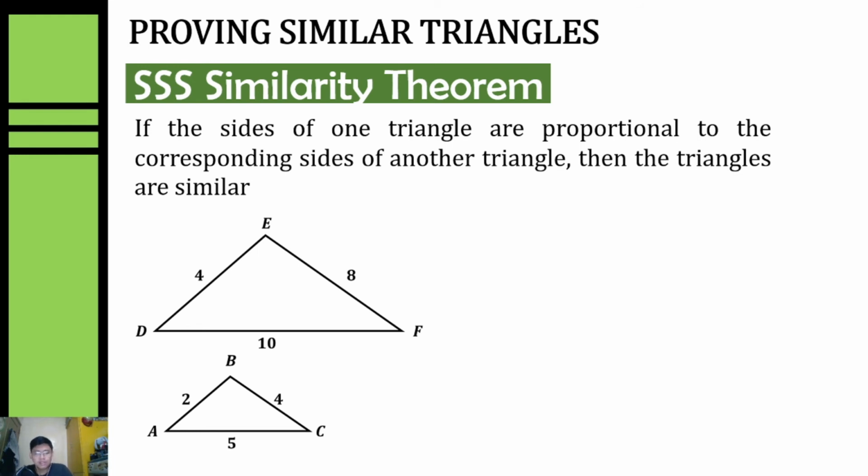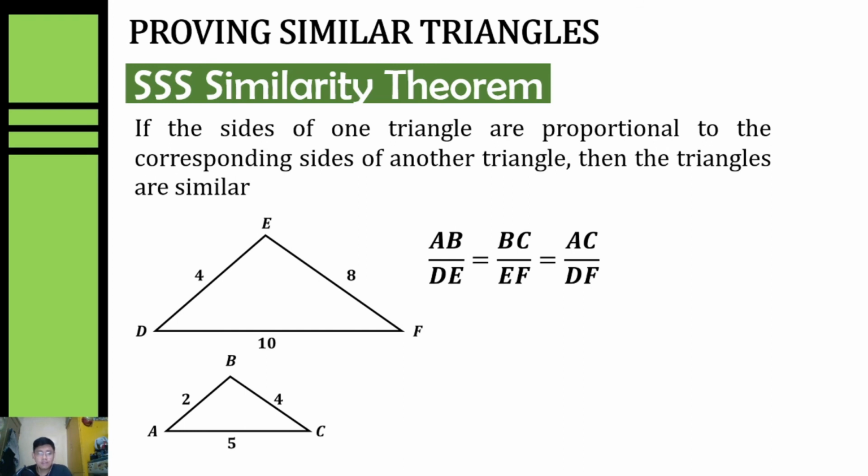Since we're given the sides of the triangles, we're going to use the SSS Similarity Theorem. So we will make an equation based on the ratio of the corresponding sides of our triangles. We will have AB over DE is equal to BC over EF is equal to AC over DF.